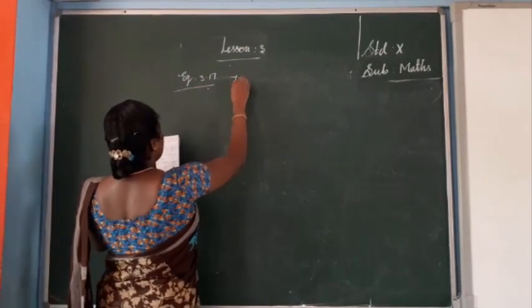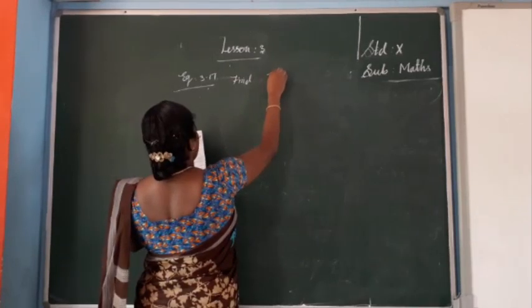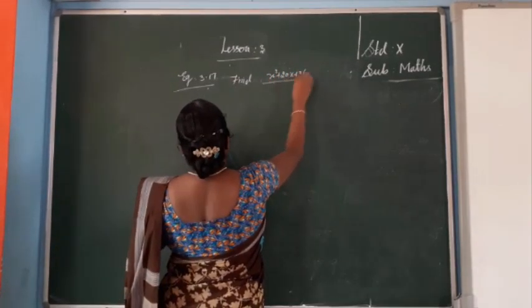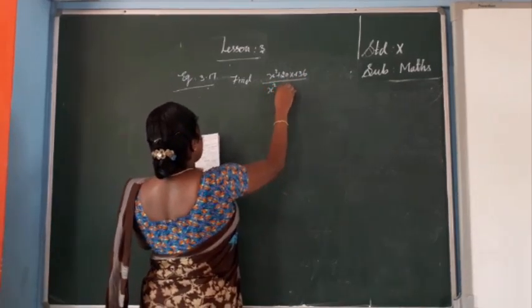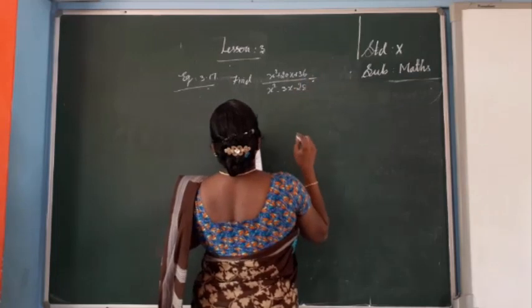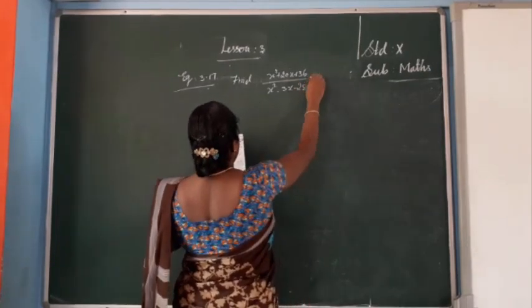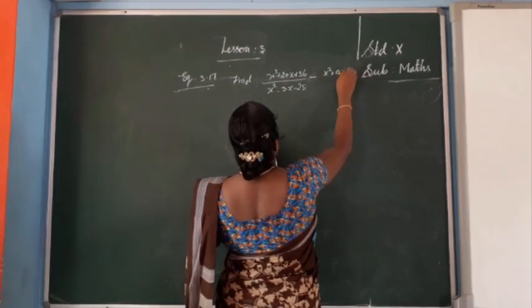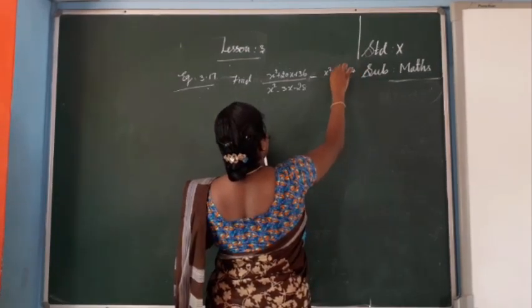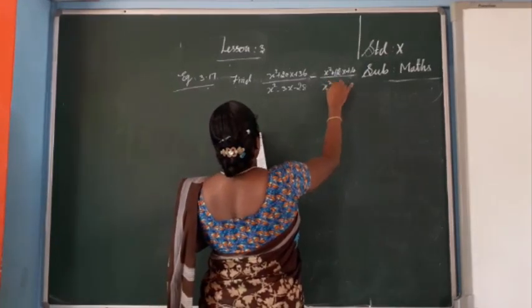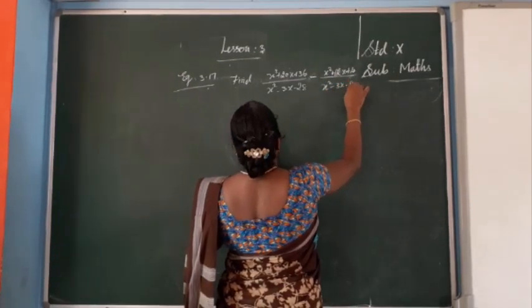Find x square plus 20x plus 36 by x square minus 3x minus 28, minus x square plus 12x plus 4 by x square minus 3x minus 28.